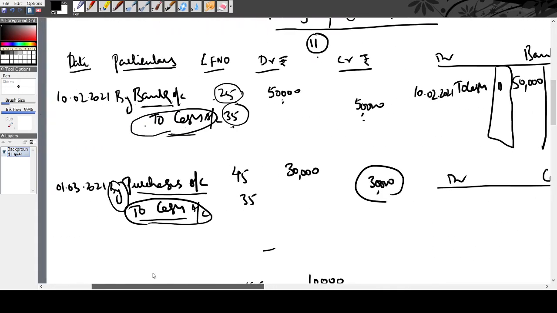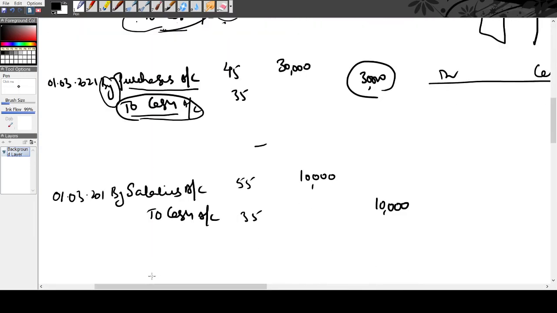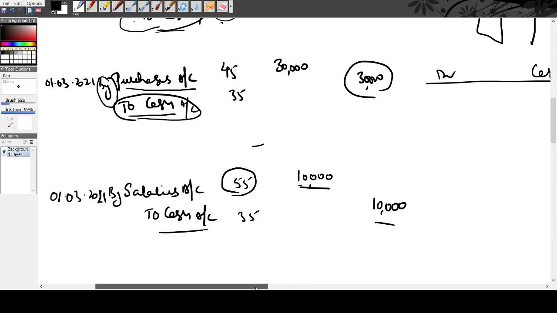We have one more journal entry here before us. On 1st March 2021, we have paid cash for salaries, by salaries. This is page number 55 of the LF, 10,000 to cash 10,000. So how do I post it in the ledger account? Salaries account has to be debited with 10,000, cash account has to be credited with 10,000.